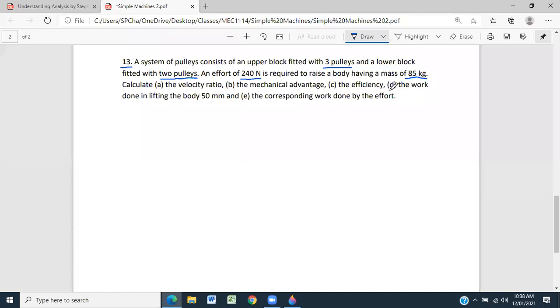I'll work D and E with you guys, but A, B, and C is where you need to work. D is the work done in lifting the body 50 millimeters, and E is the corresponding work done by the effort. Take 7 or 10 minutes, work this question out, and let's see if we get the same answers, or if we find any difficulties, we can help each other out. Work these questions and tell me what answers you get.